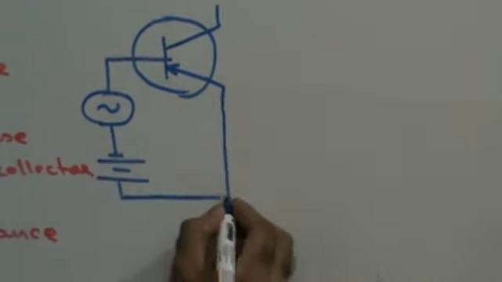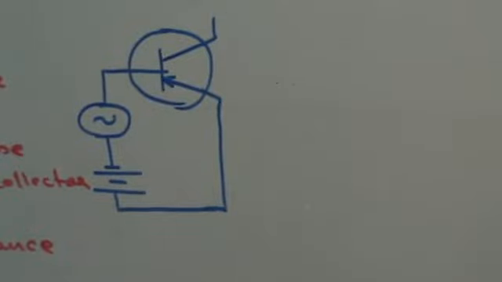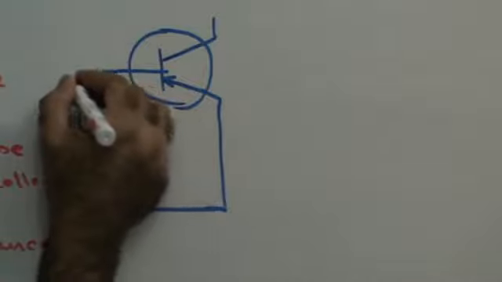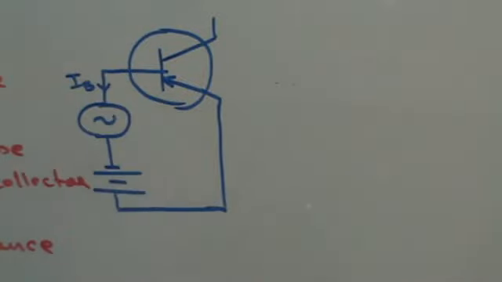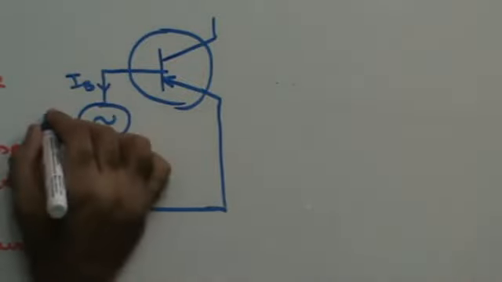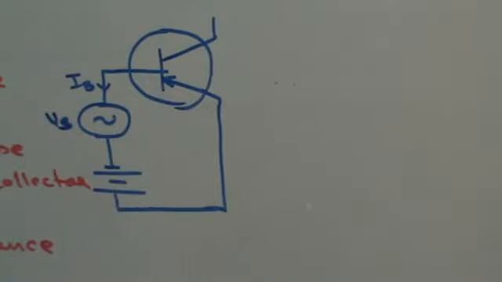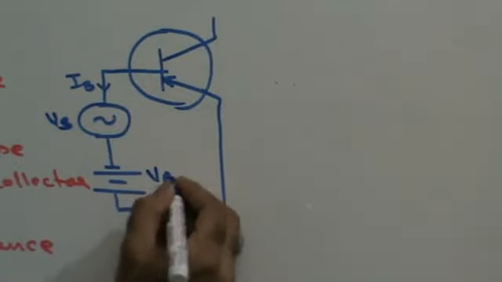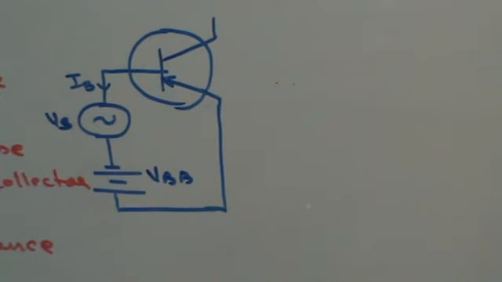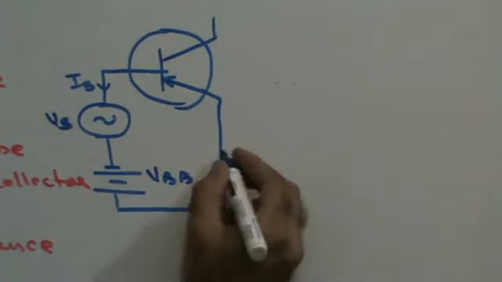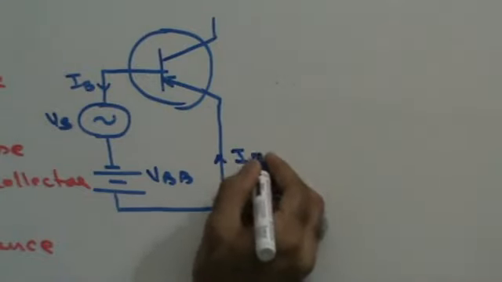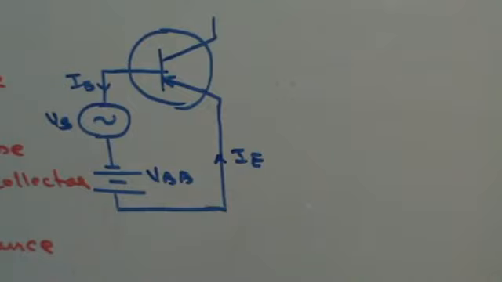This is my potential to forward bias the base emitter junction. So this is going to be my base current IB, right? This is my input signal Vs. This is my constant potential VDD, which is necessary to forward bias the base emitter junction, right? This is going to be my emitter current IE, right?